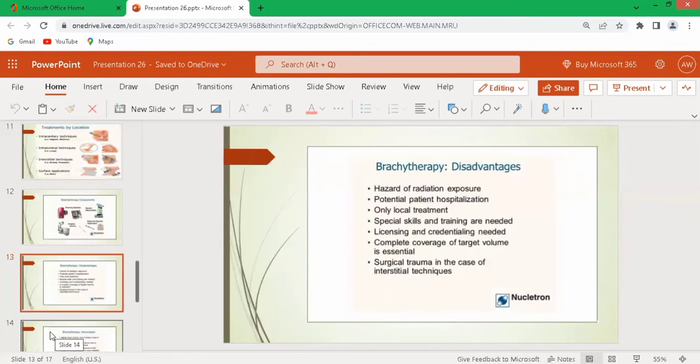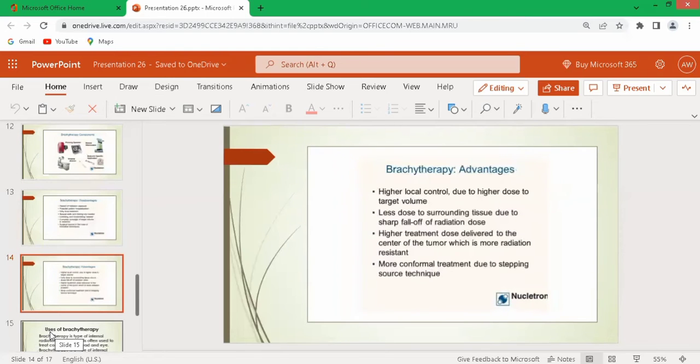There are some disadvantages of brachytherapy: hazards of radiation exposure, potential patient hospitalization, only local treatment, special skills and training are needed, shielding and radiation protection needed, complete coverage of target volume is essential, surgical trauma in the case of interstitial techniques.